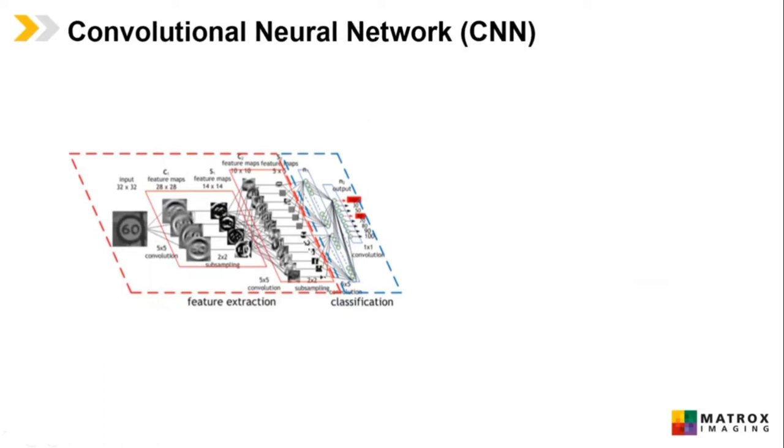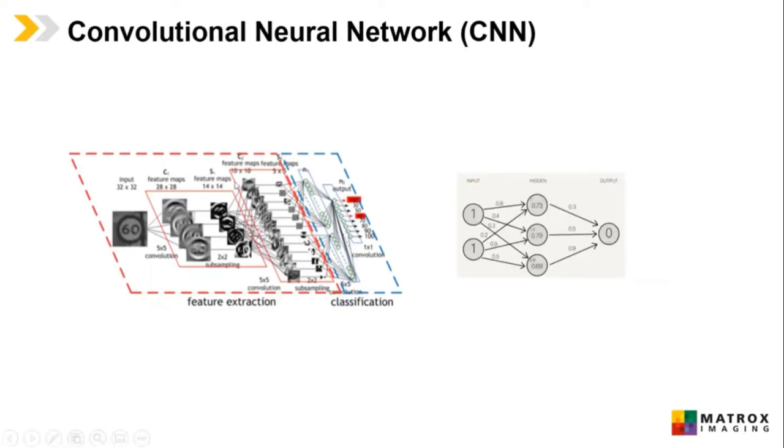That is what the CNN that you'll hear about is referring to. This classifier is composed of different weight factors and bias factors that will determine the path from the input to the output.